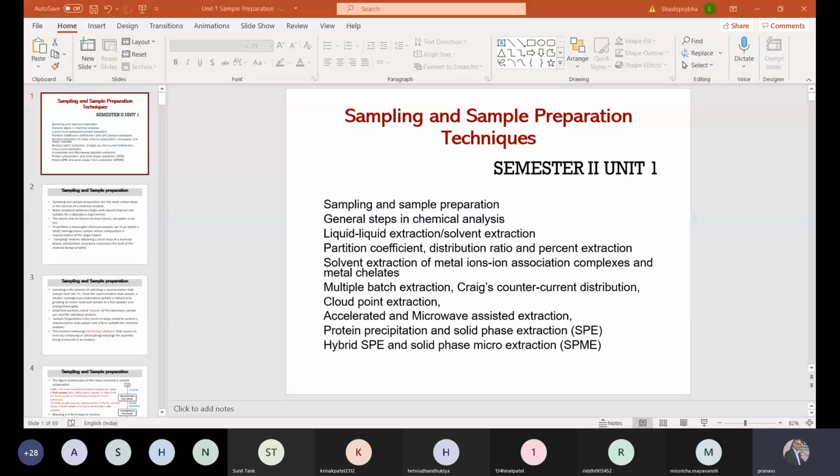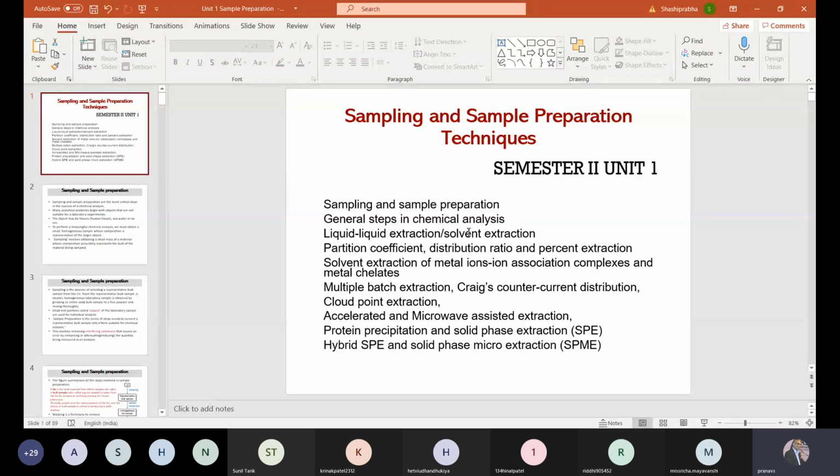And the paper number 410 is your analytical chemistry paper, and again I'll be taking up the first 2 units, and the other 2, third and fourth, will be taken by Mishra ma'am.